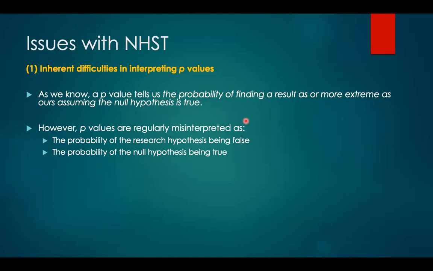How likely would it be to find data as or more extreme than the ones that we've obtained if our research hypothesis is not true, or the null hypothesis is true? Not the probability of our research hypothesis being false, and certainly not the probability of the null hypothesis being true.